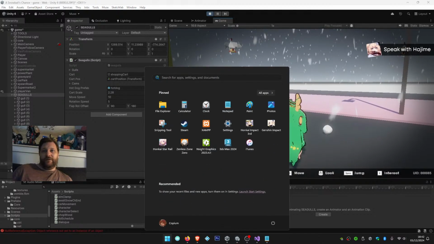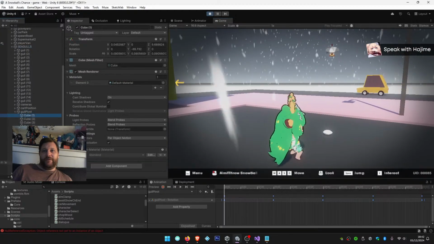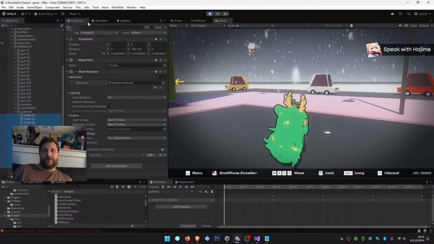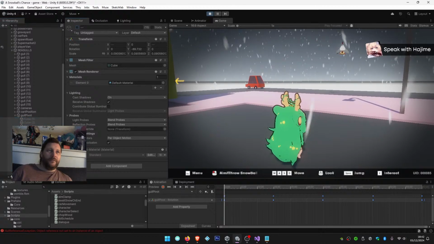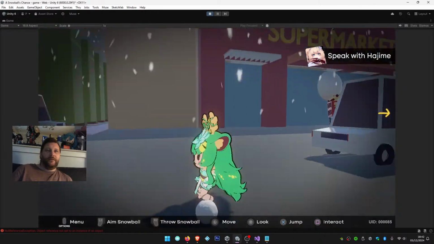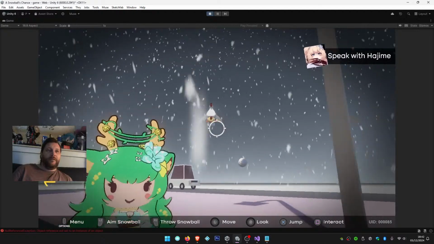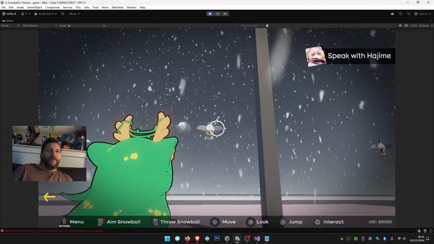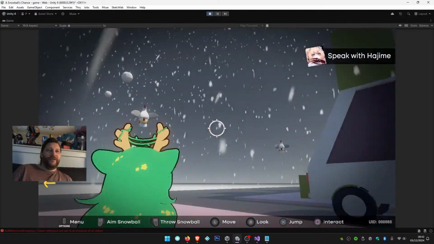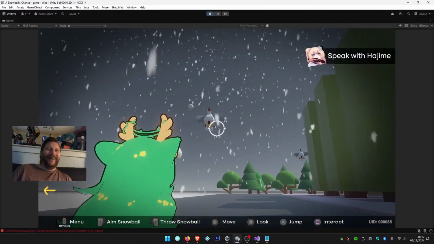We can turn those pivot cubes off so we can see what they look like better. This is still really hard. This is really hard.